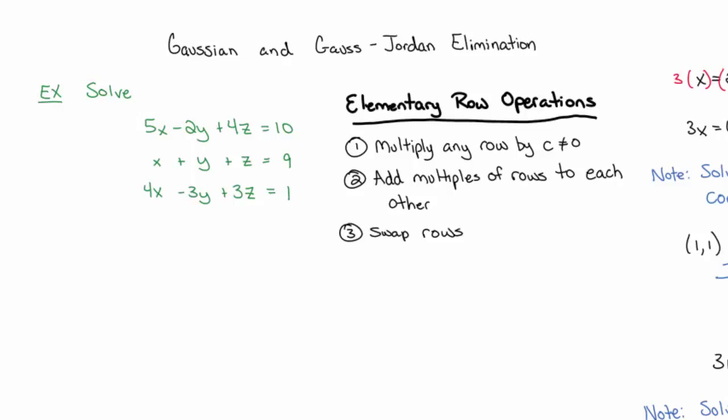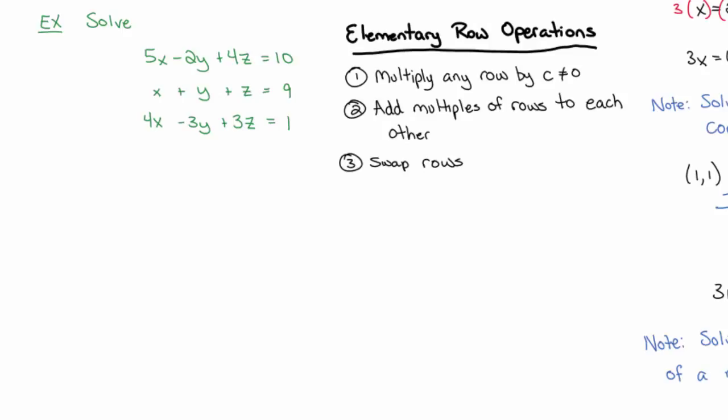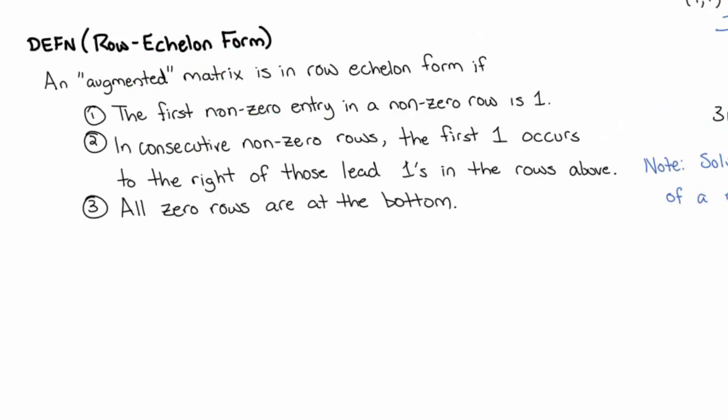One last thing, we're going to create a little definition here. And the definition that we're going to create is going to just allow us to really have the same language for this entire discussion. So let me go ahead and write a definition here. Okay, so I scrawled this out here real quickly. Row echelon form. So this is the form of a matrix that we're going to try to get into.